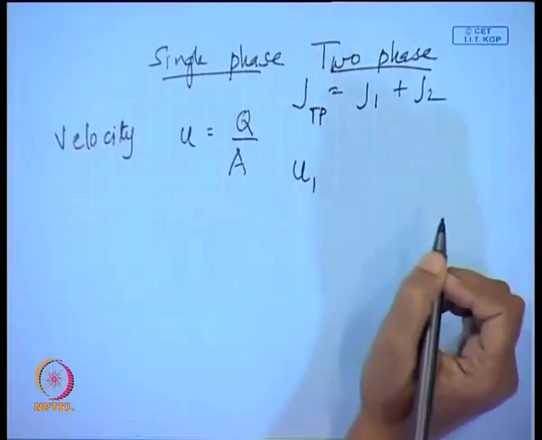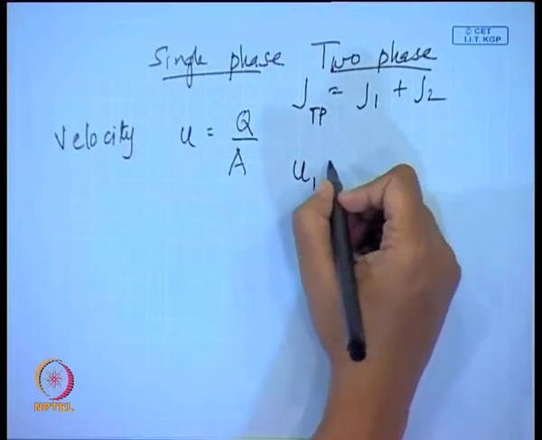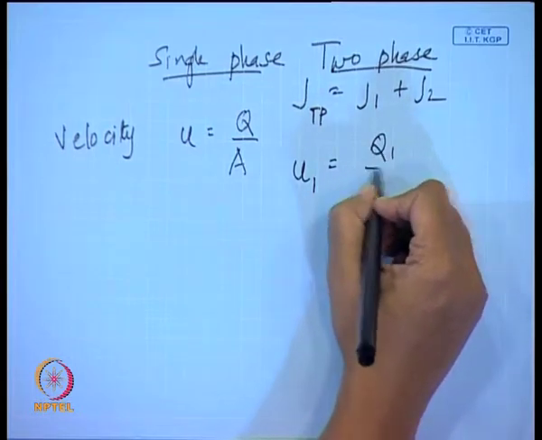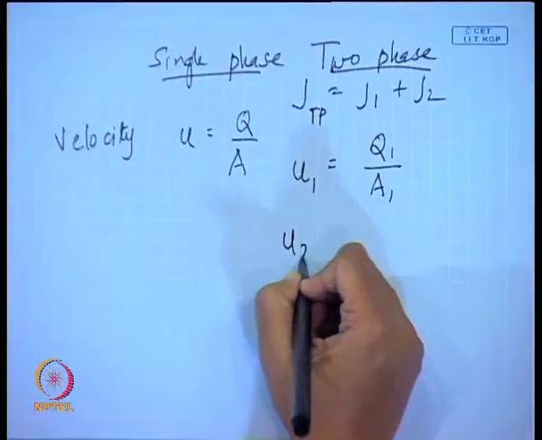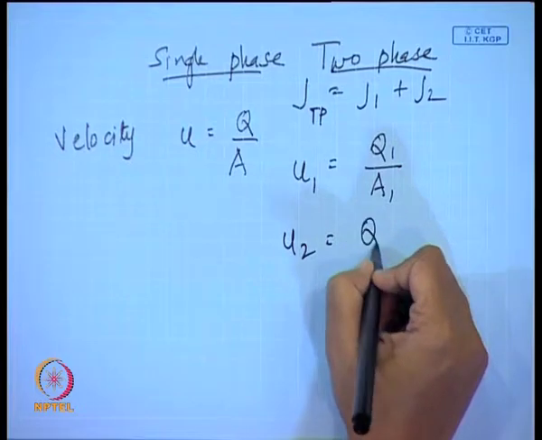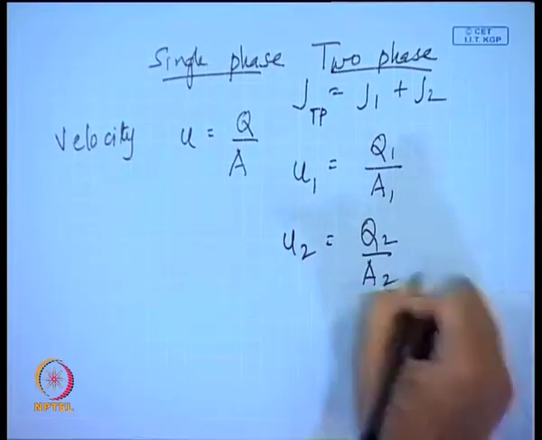So, if you talk about the actual velocity, then u1, which is the velocity of phase 1, should be Q1 by A1, isn't it? The volumetric flow rate of phase 1 divided by the cross sectional area occupied by phase 1. Similarly, we have u2 equals Q2 by A2.